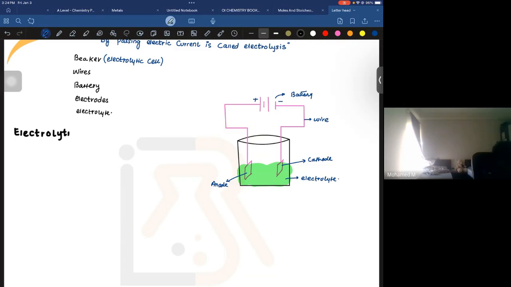Electro, then lytic, and then cell, which converts electrical energy into chemical energy.